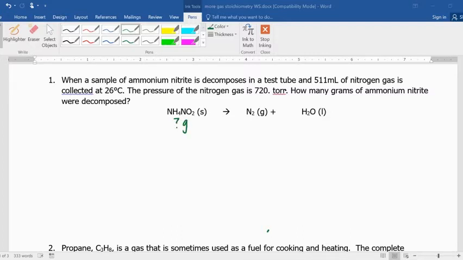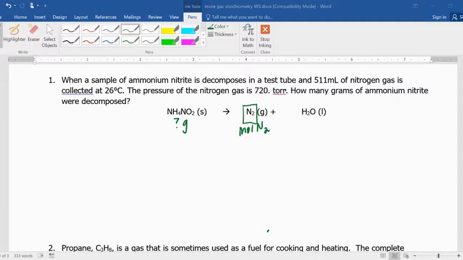Okay, so why this is a gas stoichiometry problem is because if you read the problem, everything we're given is information about nitrogen, but it wants us to figure out something about ammonium nitrite. So what we need to do is get our nitrogen to moles of nitrogen so that we can then do a stoichiometry problem and use Mole Island.